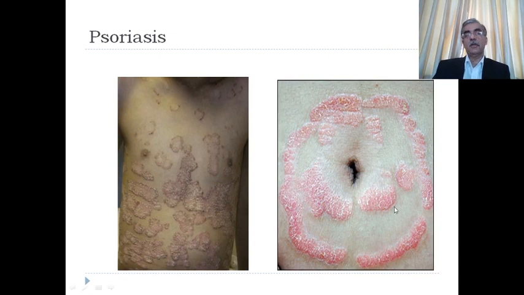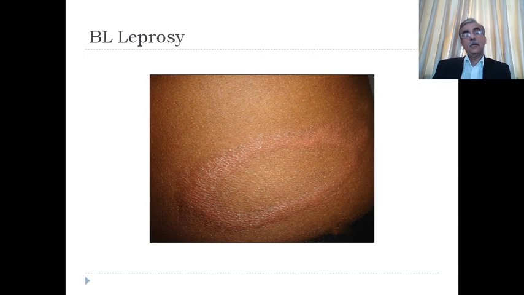Again, psoriasis is a common papulosquamous dermatosis where annular lesions can also be there, and they can be confused with tinea lesions, right? Then when there is this kind of annular lesion in a patient with numbness, with lesions on the trunk, anhidrosis, loss of appendages and insensitivity, we should think of borderline lepromatous leprosy.